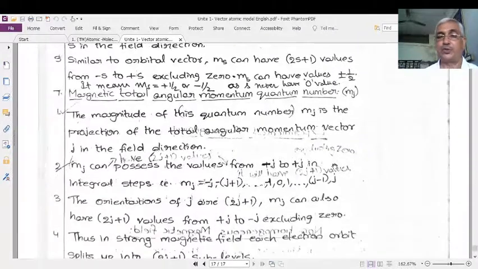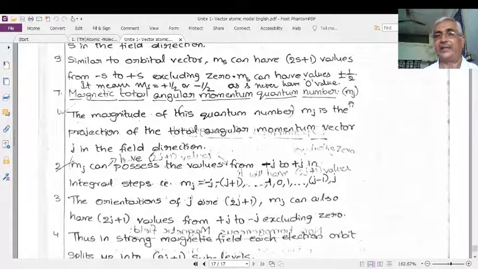These two are also vectors. Therefore, their vectorial addition also gives another quantum number, which is known as the magnetic total angular quantum number, MJ.